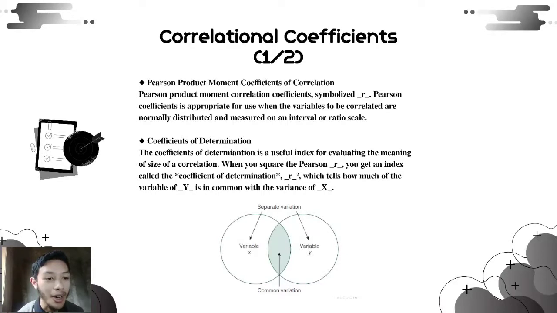The middle part of the two variables is the relation, the strength of relation between two variables. Next is the Spearman rho coefficient. It is an ordinal coefficient of correlation used when the data are ranked.